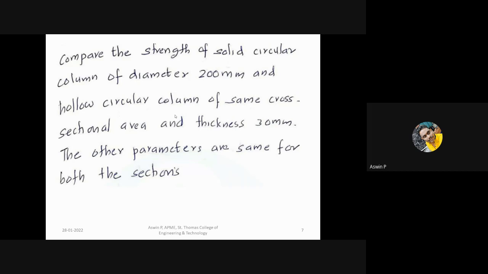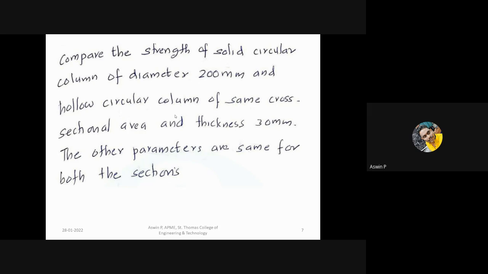Compare the strength of solid circular column of diameter 200 mm, and hollow circular column of same cross-sectional area and thickness 30 mm.